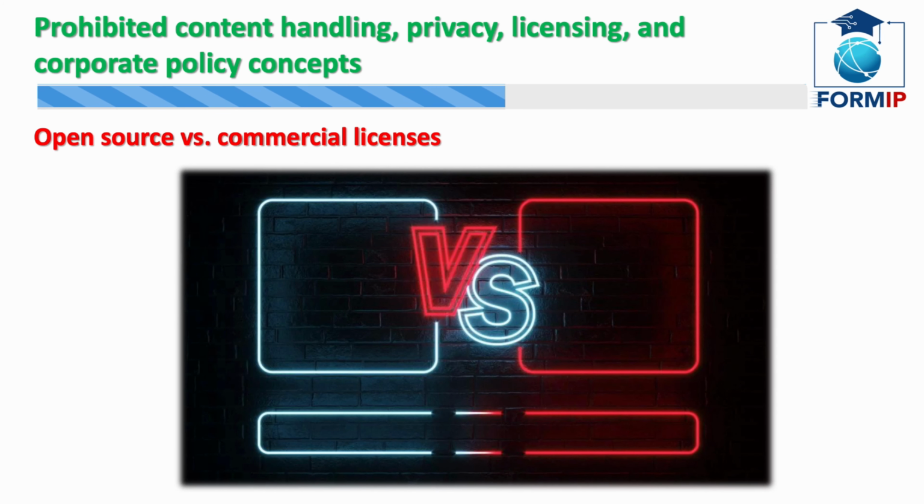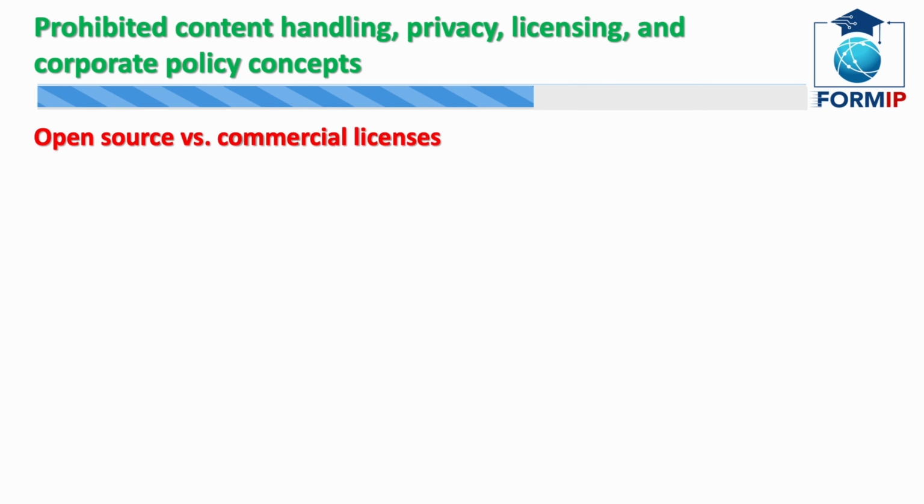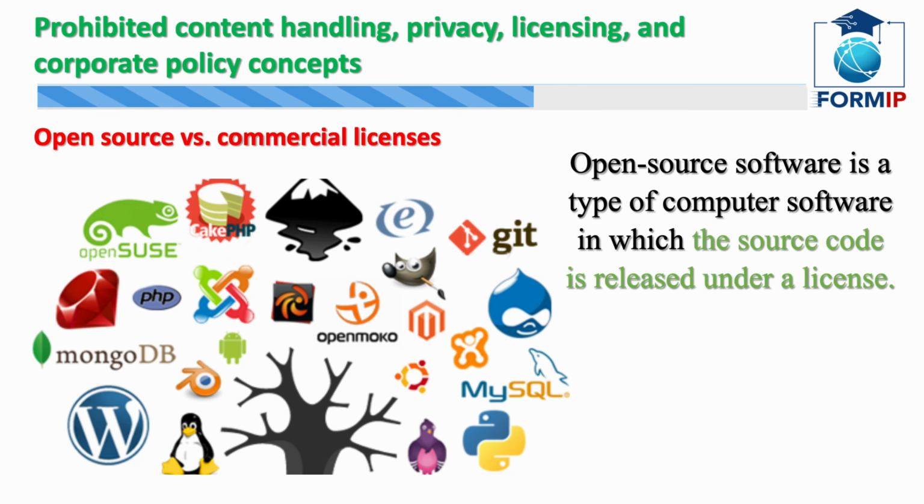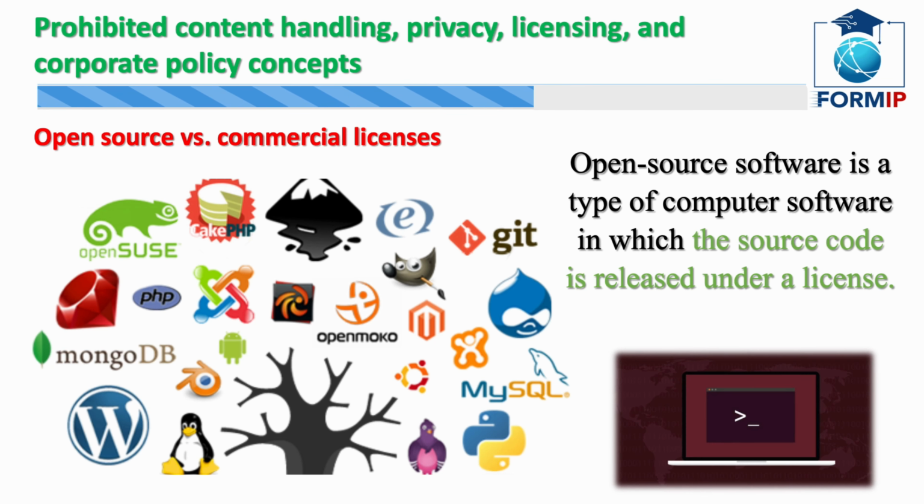Open source versus commercial licenses. Now, let's look at the difference between open source and commercial licenses. Open source software is a type of computer software in which the source code is released under a license. The author grants the rights to use, study, modify, and distribute the software to anyone and for any purpose, including sometimes for sale.